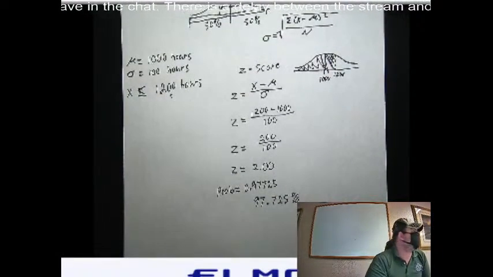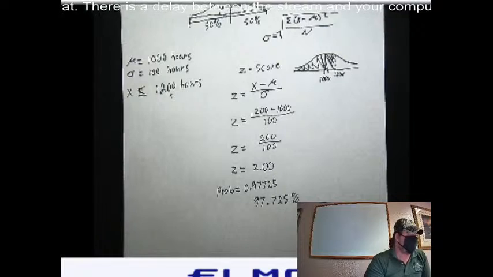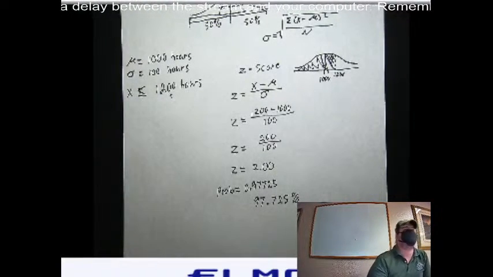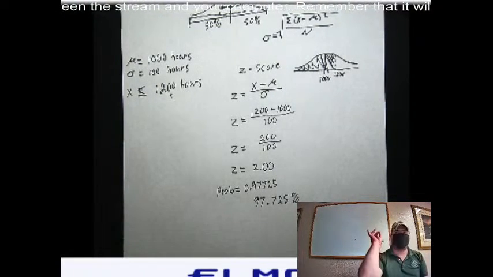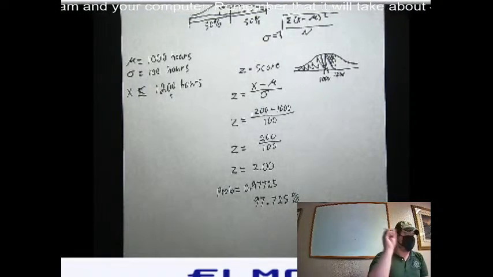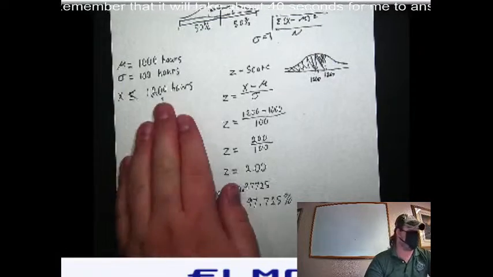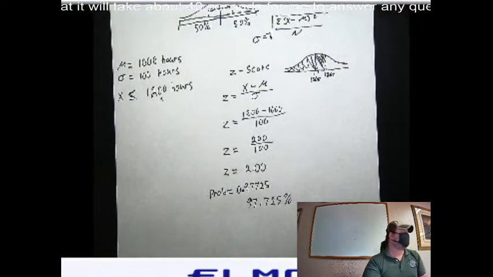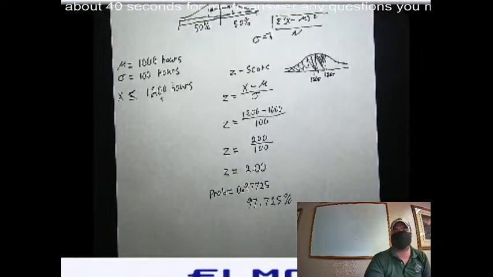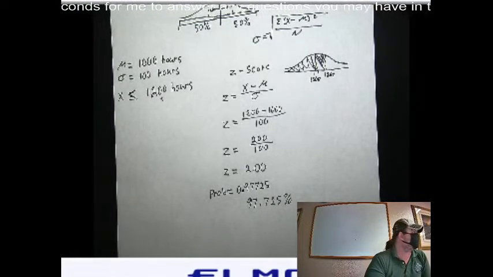Does this make sense? So once again, by calculating this, we see that, selecting one at random, there's a 97, almost 98% chance that it will have a lifespan of 1,200 hours or less. Any questions? No?